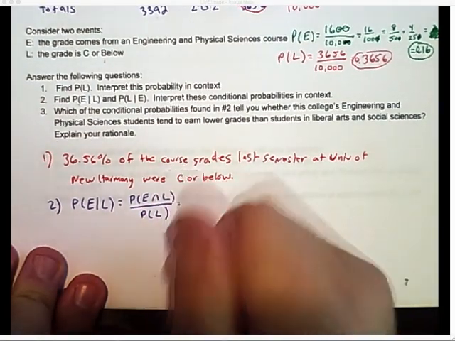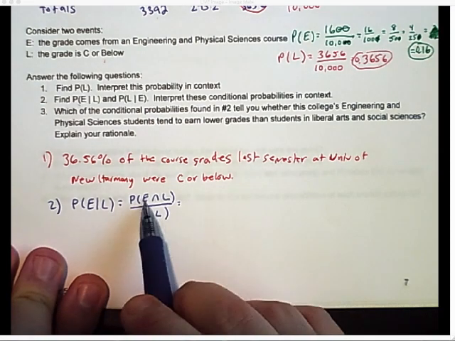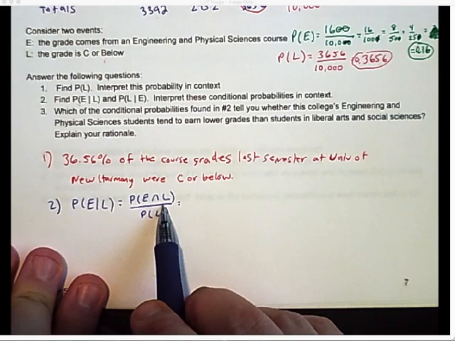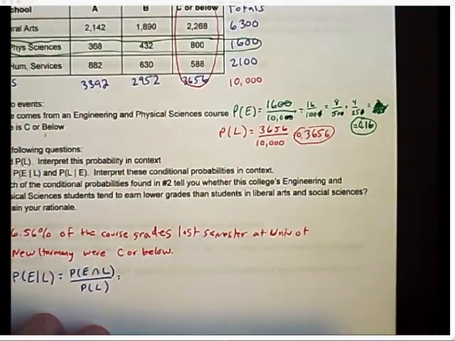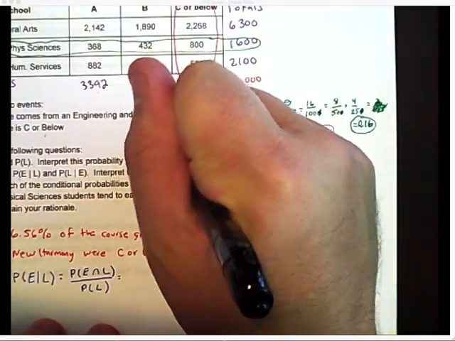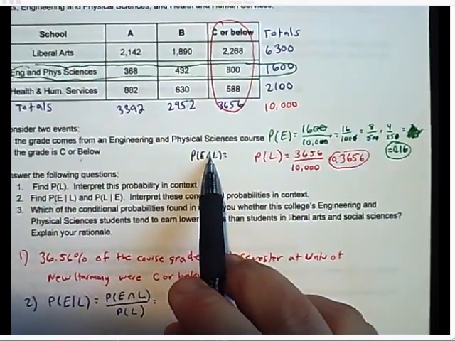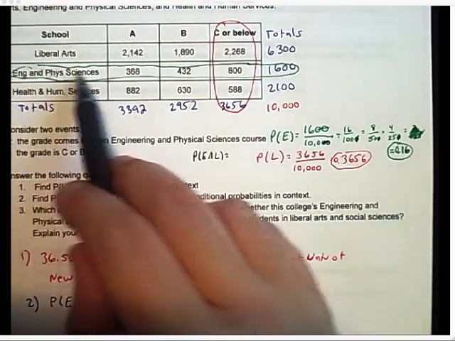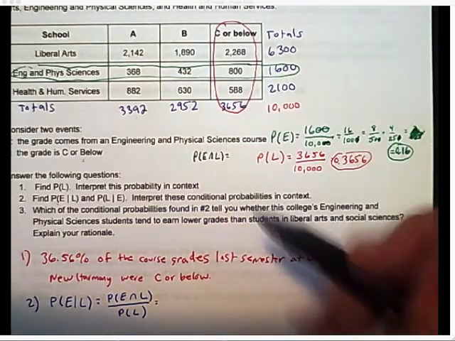Well, we don't know what probability of E and L is, so let's find that up here. The way I would find probability of E and L, that means intersection. Well, how many students were engineering students and got a grade of C or below? Well, that was 800.